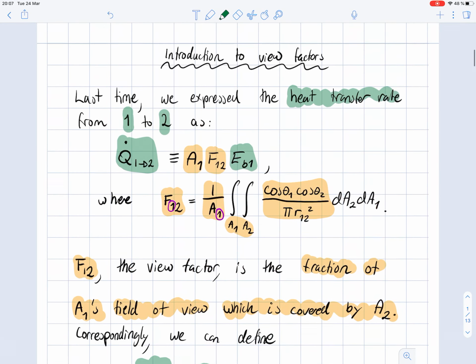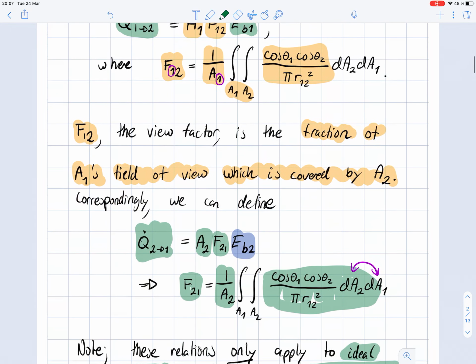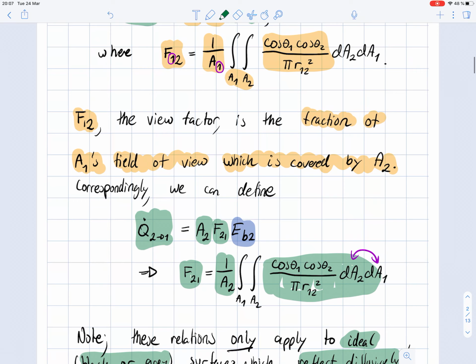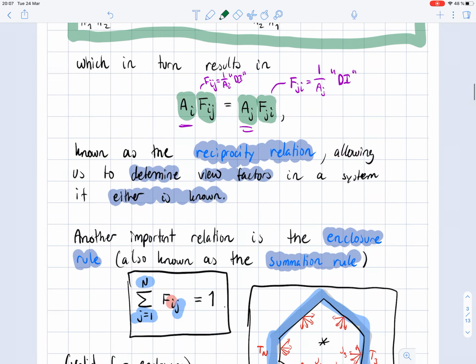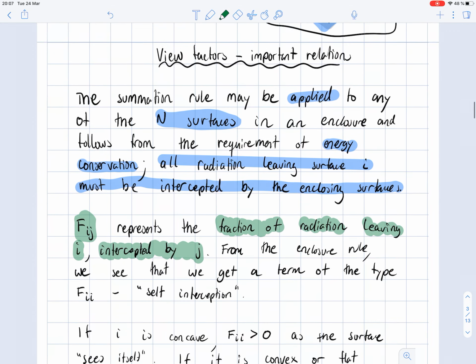Going back, it's the fraction of A1's field of view which is covered by A2. So necessarily if a part of the field of view of A1 is covered by A2, that part will also intercept any radiation, or light waves if you want, that come from the first surface.